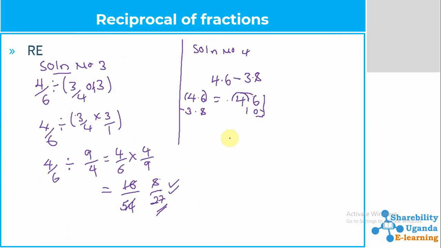Okay, let's just use our common method of subtraction. We have our 4.6 minus 3.8. So here we do what? When you get 8 minus 6, it is impossible. We borrow 1 from here. Then this becomes 16.